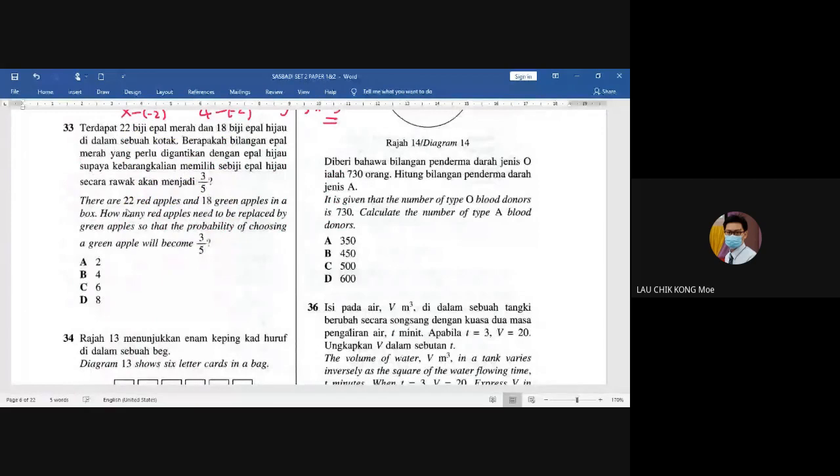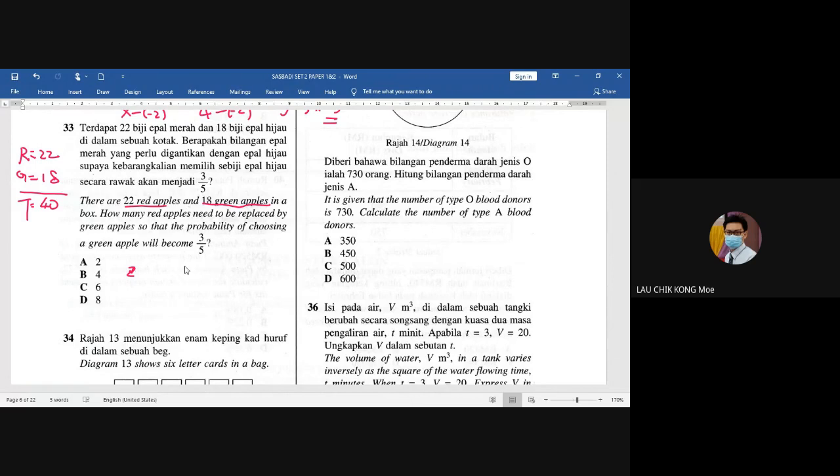Okay, 33. There are 22 red apples and 18 green apples. So all together is 40 apples. Total is 40. Now, how many red apples need to be replaced by green apples so that the probability of choosing green apples should be 3/5.